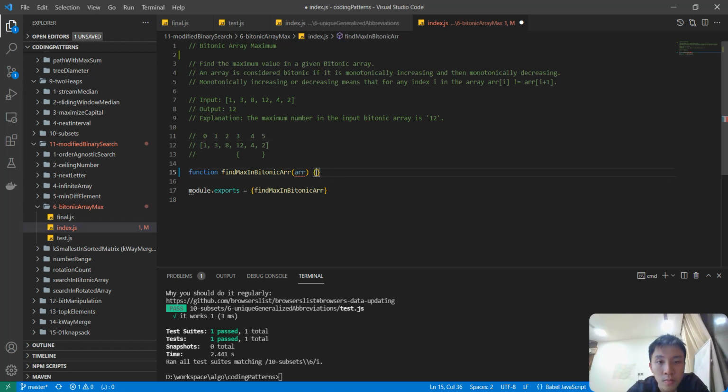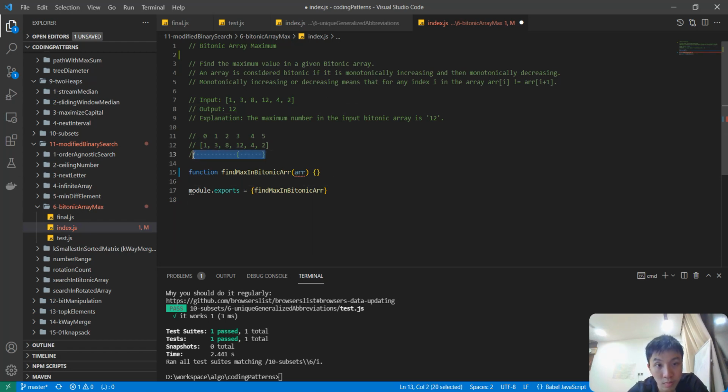So because it is sorted, we can think of binary search, right? We may use this because firstly it's sorted, and secondly we must find a specific number, in this case the maximum one in the array.